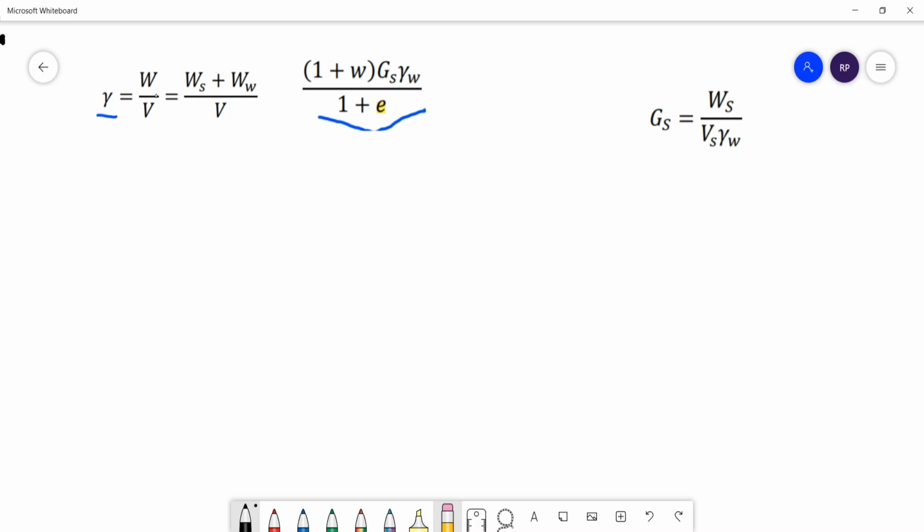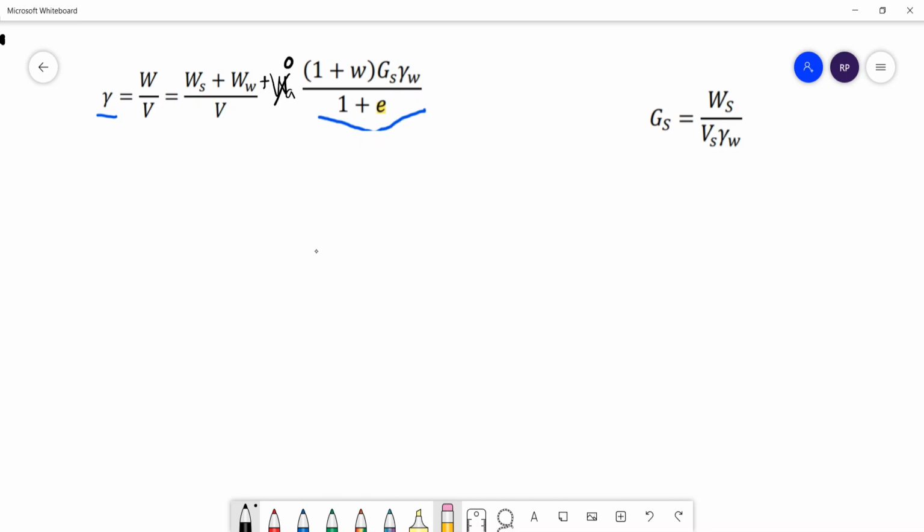In soils, the total weight is composed of the total weight of your soil solids plus the total weight of water, plus, if we consider the total weight of your air, which is approximately equal to 0. So that is the total weight of soil solids, Ws, plus Ww, all over V, the total volume.